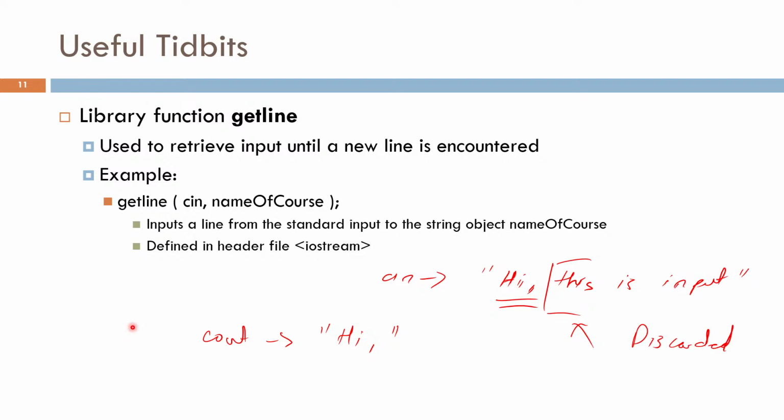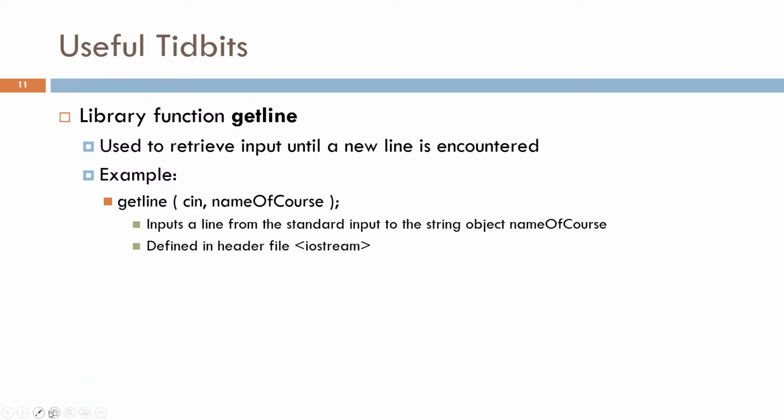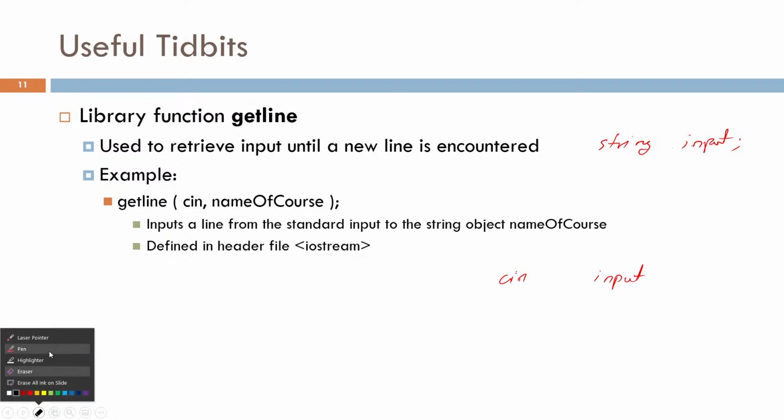Alright, so when you're using cin here, I'm going to erase the ink on the slide and repeat what I just did. So let's say we had an input variable here: string input. And let's say we use cin here, and we wanted to put input here. Right?